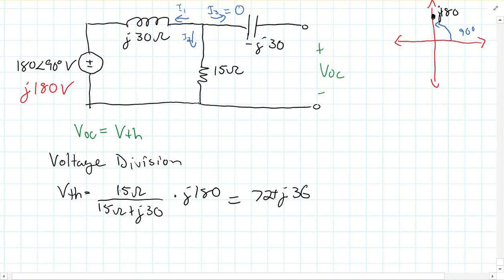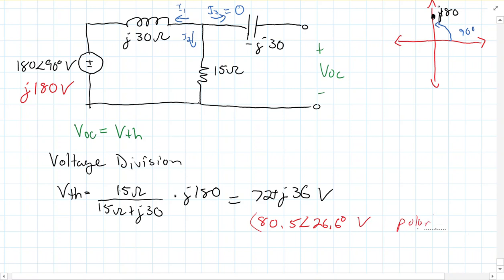Now, it's okay to have it in rectangular or polar form. It doesn't specify what we have here, and again I should put units here, this is volts. But if I converted that to polar form, just using my calculator real quickly, you'd get 80.5 at an angle of 26.6 degrees volts.